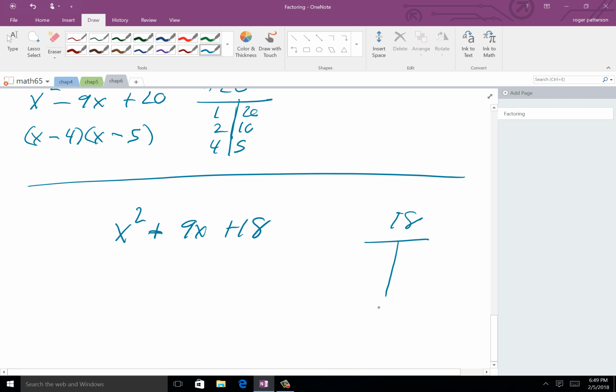I'd bet that every single one of you pretty much knows the answer. But what are some factors of 18? Well, here's an easy one: 2 and 9, 3 and 6. Obviously there are fractional ones, but we're not looking for those. We're looking for nice numbers that go in there.